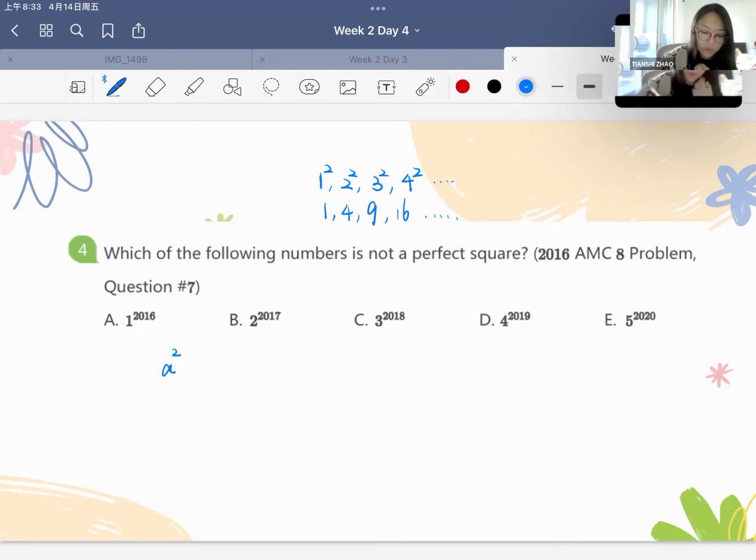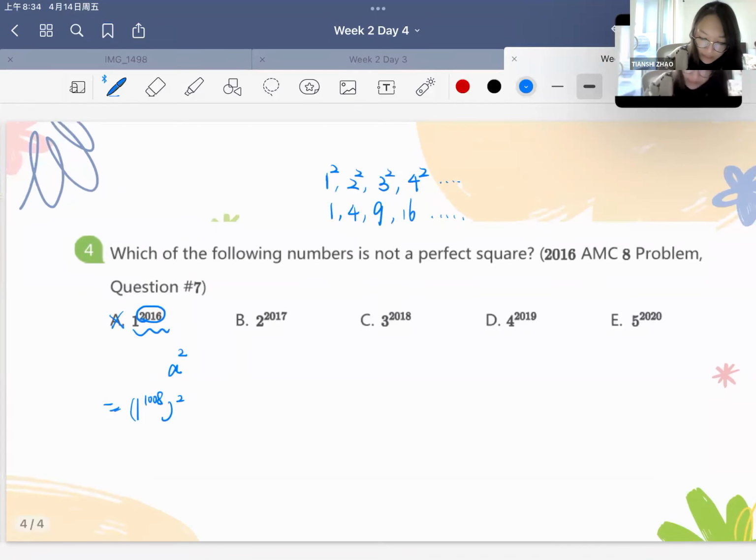For example, for this one, the exponent 2016 is an even number, and it can be written as 1 to the power of 1008, and then to the power of 2. So it is a perfect square, and we can now choose A.